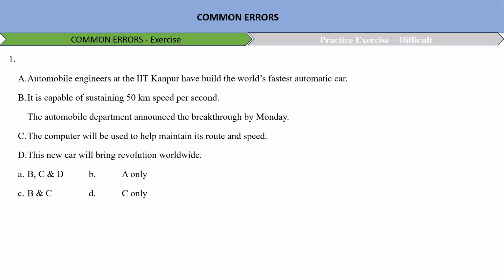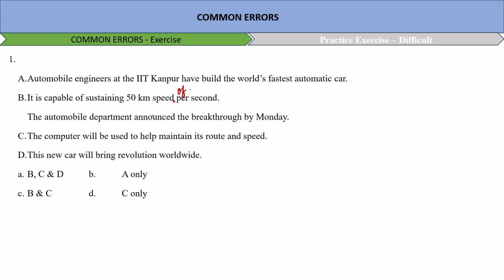So we have 4 sentences here. Sentence A, Automobile engineers at the IIT Kanpur have built the world's fastest automatic car, seems really good and appropriate. No grammatical error seen.